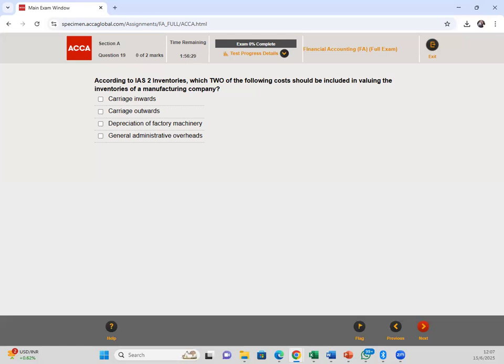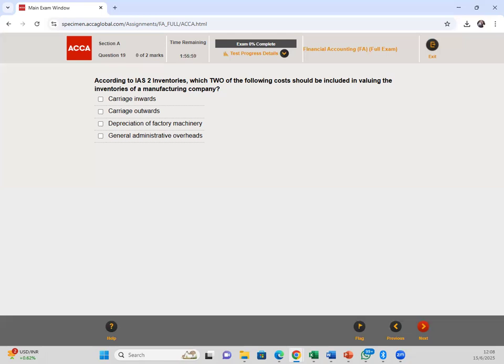Inventory is valued at the lower of what? Cost. The cost can either be the purchase cost or the production cost. If it is the production cost, we have to look at the manufacturing cost. If it is the purchase cost, we just consider the price in the industry.